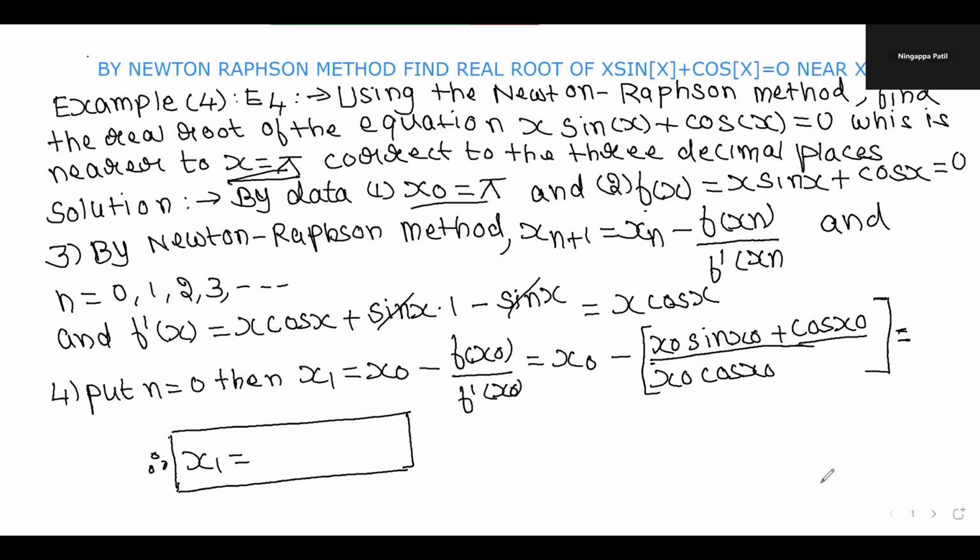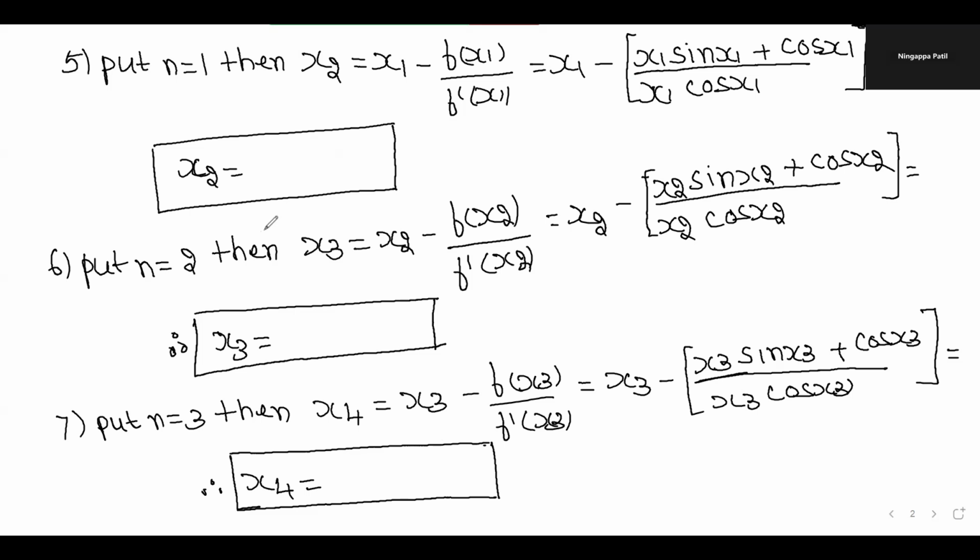Look here. x1, how much did you get? 2.823. Here you write 2.823. Then x2, look here. x2, how much did you get? 2.799.